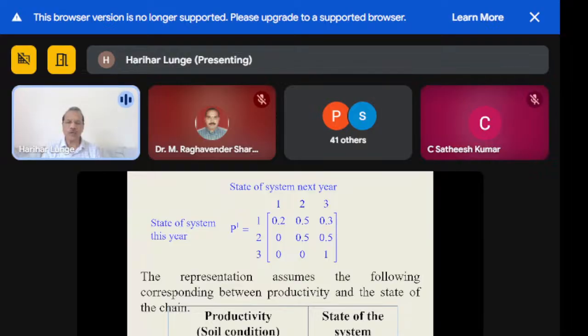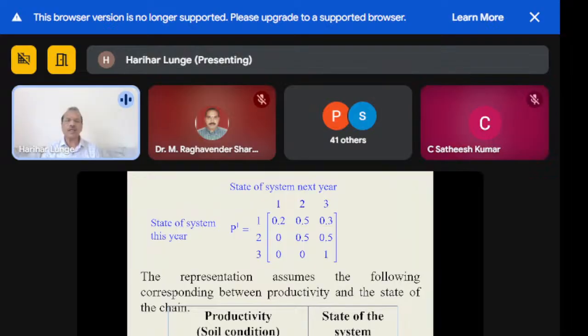We denote 1 as good, 2 as fair, and 3 as poor. So after applying the chemical test by the farmer, if the soil condition is good, we denote the state 1. If the soil condition is fair, we denote it by the state 2, and poor then 3.